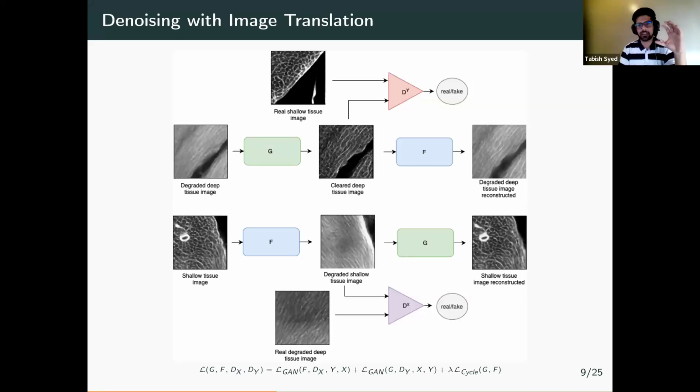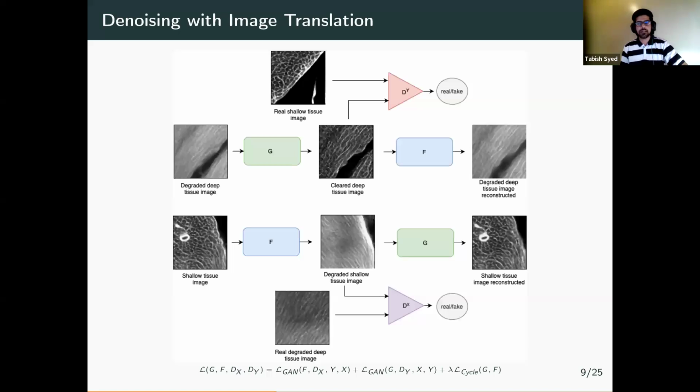The idea here is that there is no ground truth, but what we know is that what we're imaging is the same tissue, and that the tissue is clean towards the top and noisy in the bottom. So we want the distribution of images in the bottom half to look like the distribution of images in the top half. So it's like an unpaired image-to-image translation.